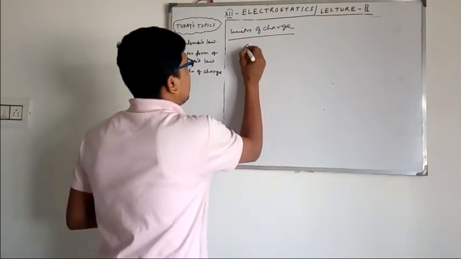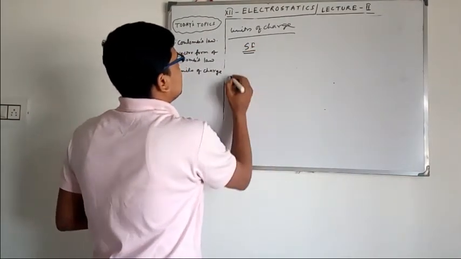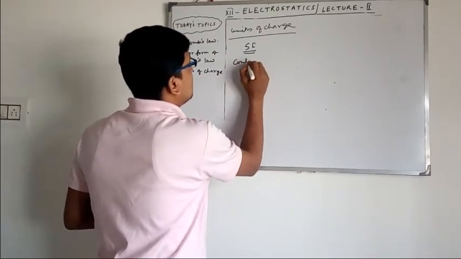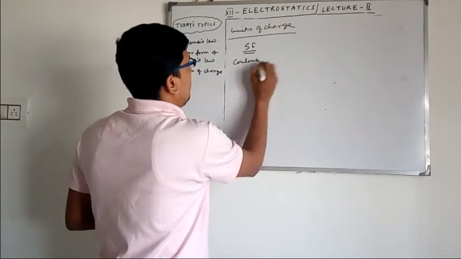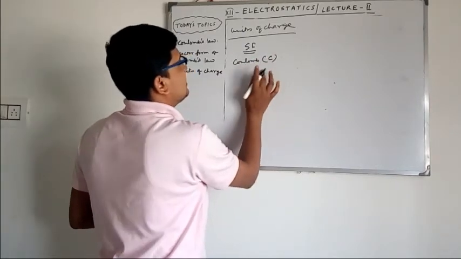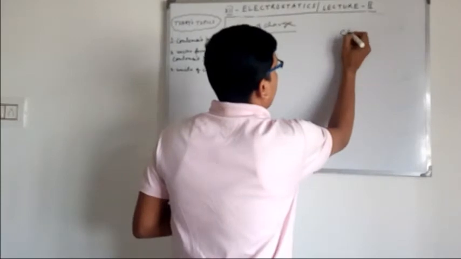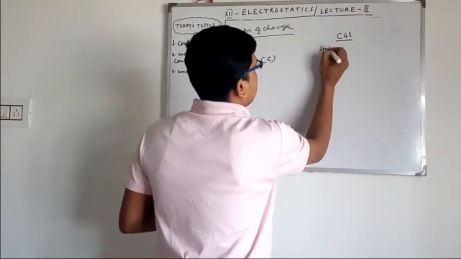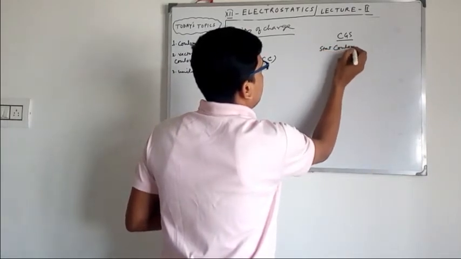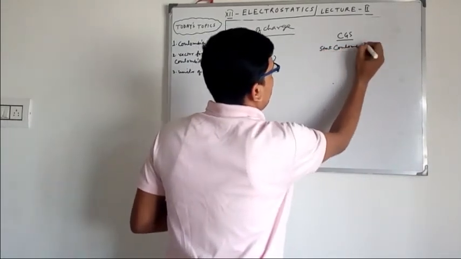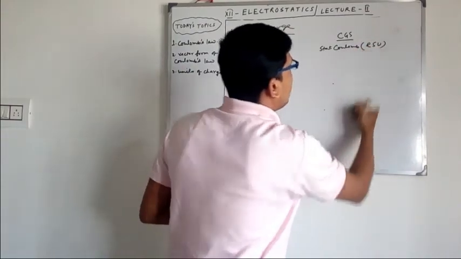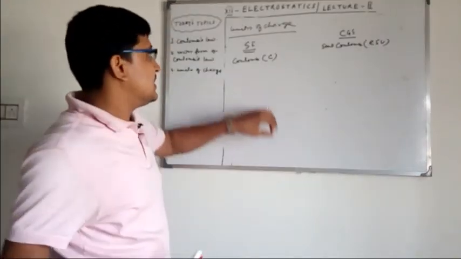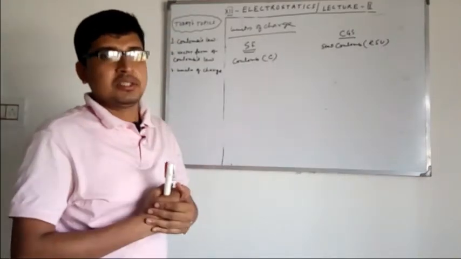That means in the SI system the unit of charge is coulomb, and we represent it by capital C. And in the CGS system the unit of charge is stat coulomb, which we also call ESU.